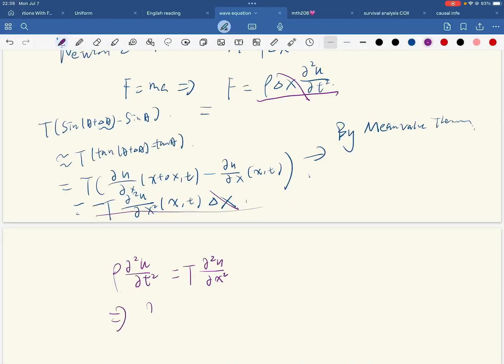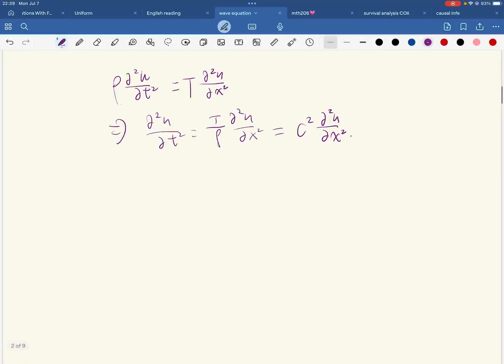Therefore, then we finish our proof of the wave equation.